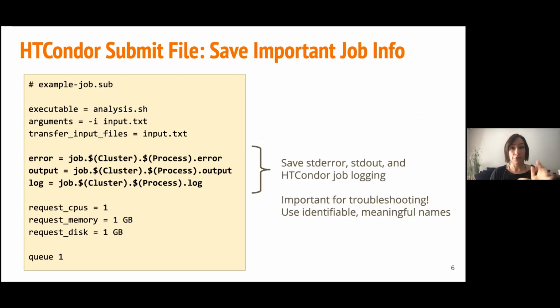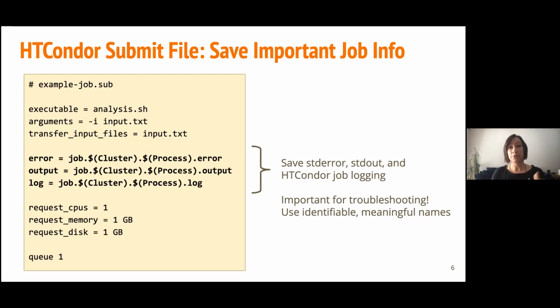The next 3 lines in this submit file define 3 files that will get created for the job. Those being the error and output files, which are where the standard error and standard output from the executable will be saved. And then the last file, this log file, is generated specifically by HTCondor, and various events that HTCondor is performing or observing with your job get saved into this particular file.